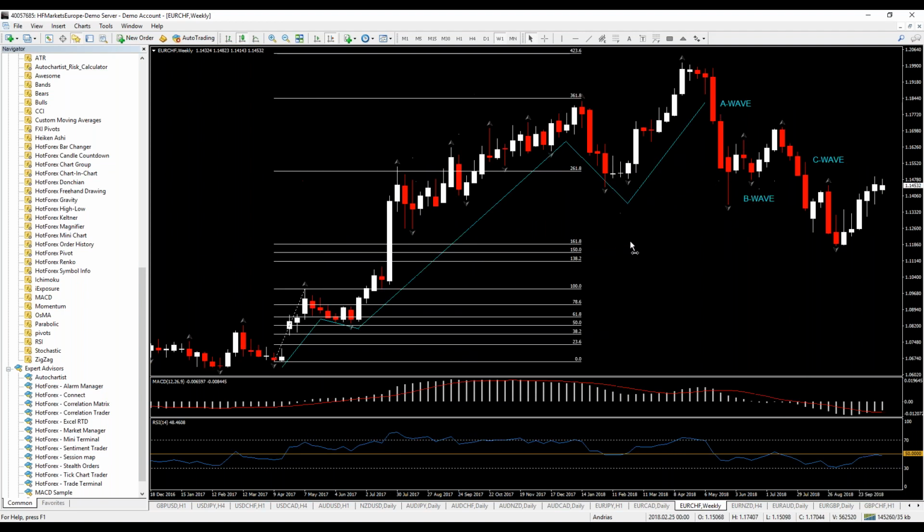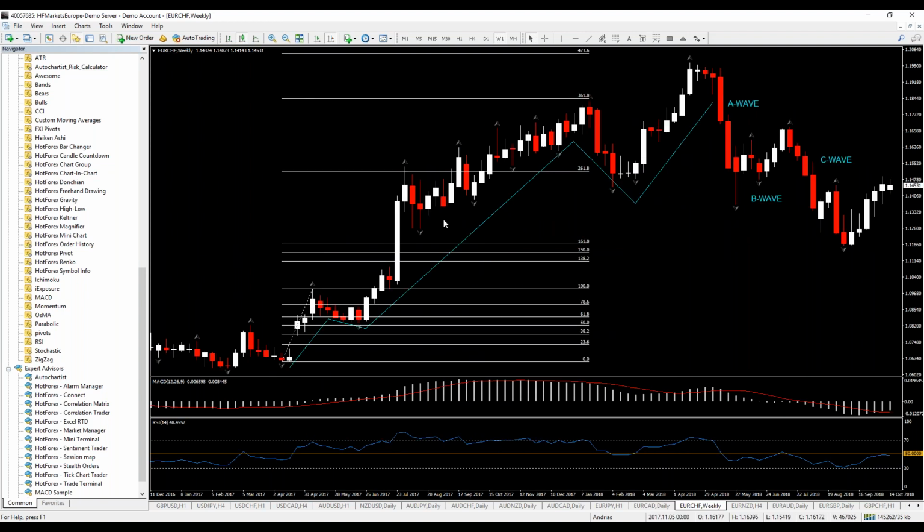Also, you can trade on the other side. Once the corrective wave reaches its end and you see this bearish candle moving downwards, to confirm that, you can enter the market again once you see that wave 4, which is a corrective wave, didn't manage to go down to the peak of wave 1.